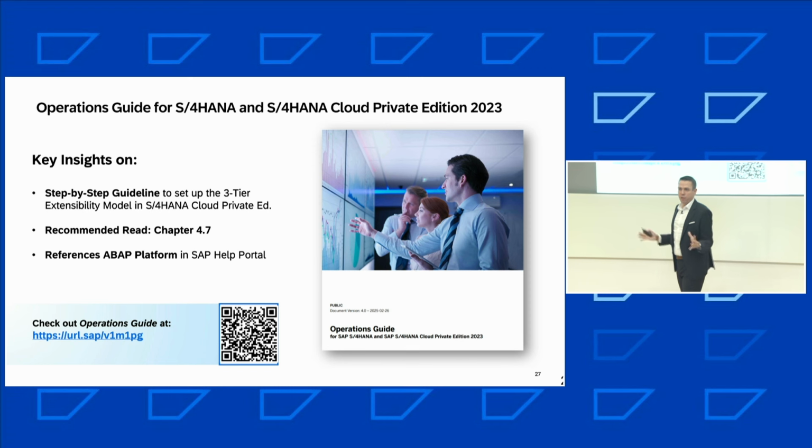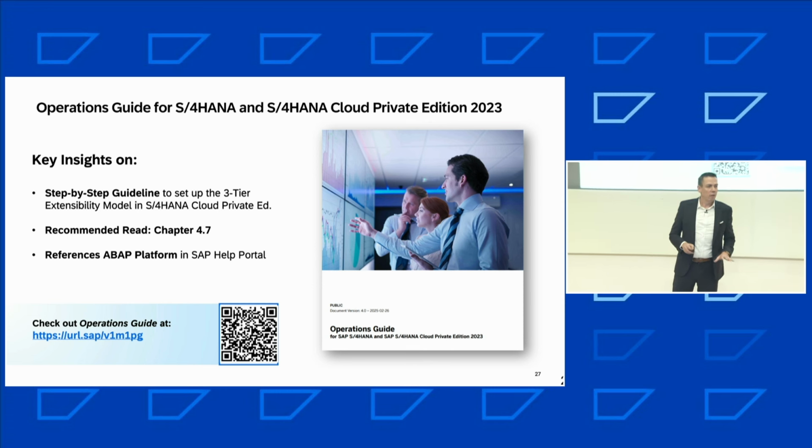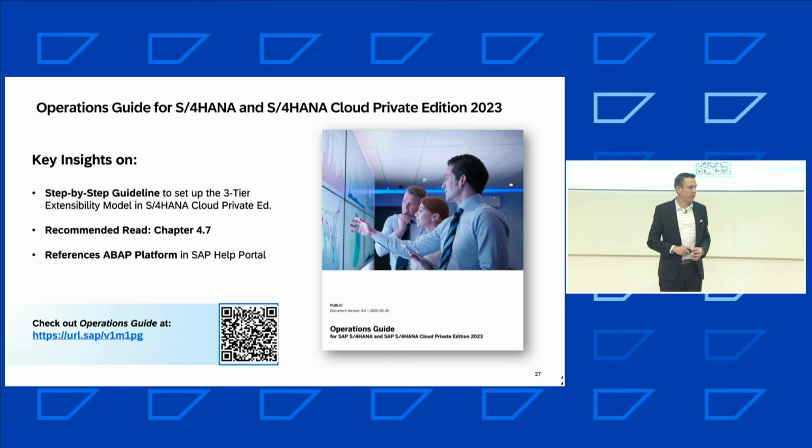It's a full-fledged document, but I want to point you to one specific chapter, 4.7, in which we explain how to set up the 3-tier extensibility model that I explained in a more or less automated fashion. So to set up all the ATC checks that you need, to bake it into your transport management, etc. So really recommend looking into this if you want to know how to set up the 3-tier extensibility model.